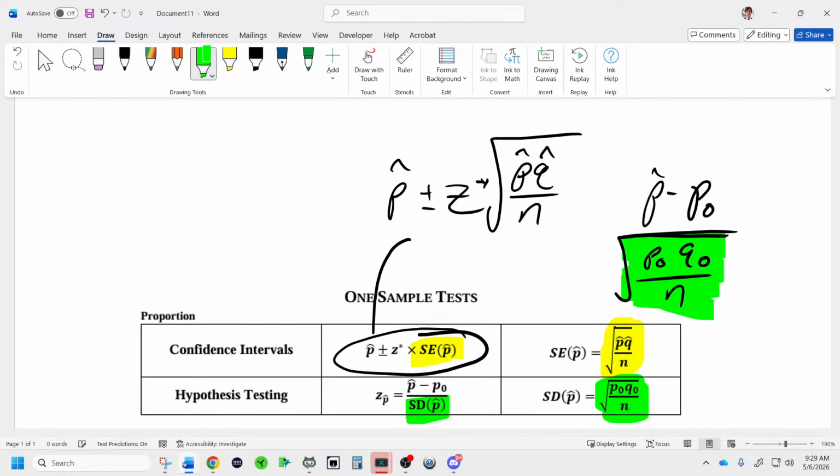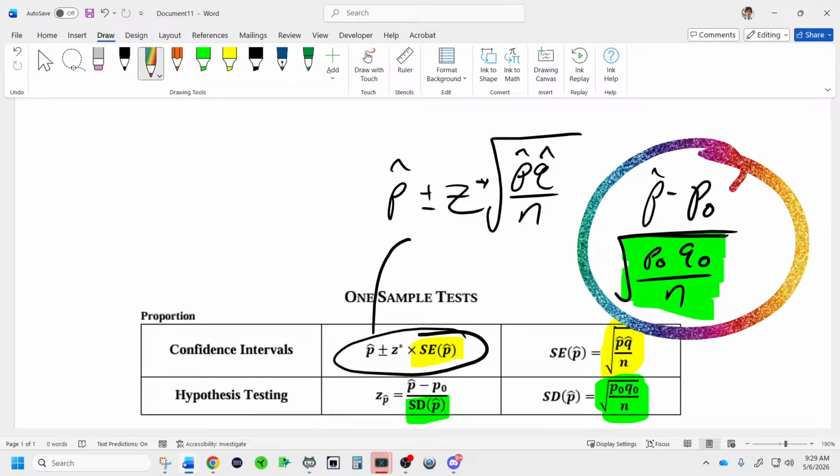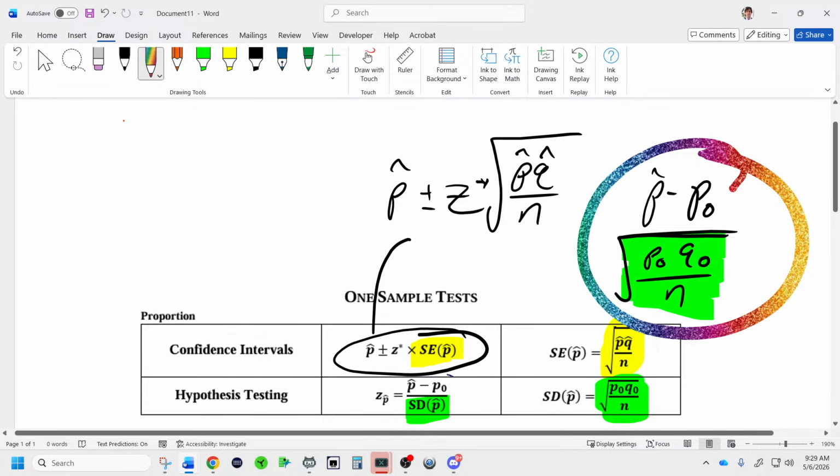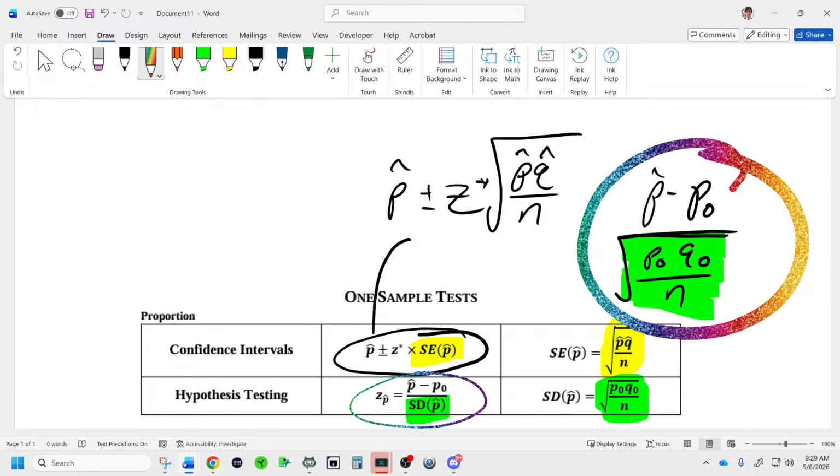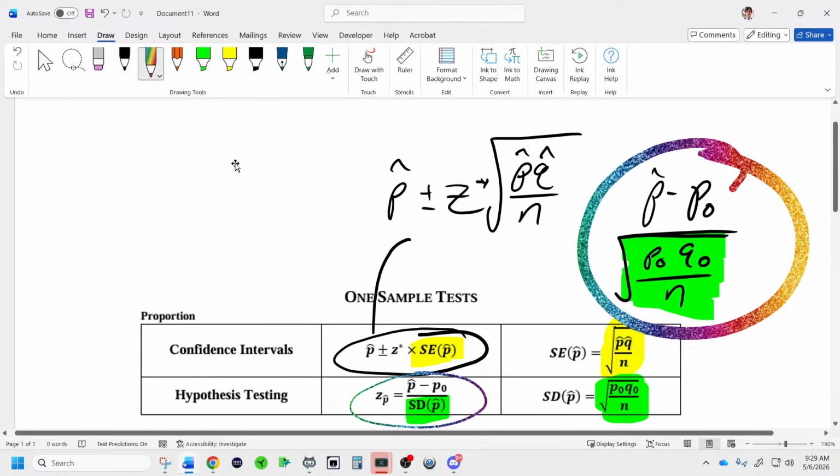Notice that we're using this formula right here. It's this formula right here being used. So it's just plugging into it the standard deviation of p hat. And we will not test you on this, but there's a small difference between the standard error, which is based on a sample, p hat, q hat, versus the standard deviation, which is based on assumed truth, p naught, q naught.